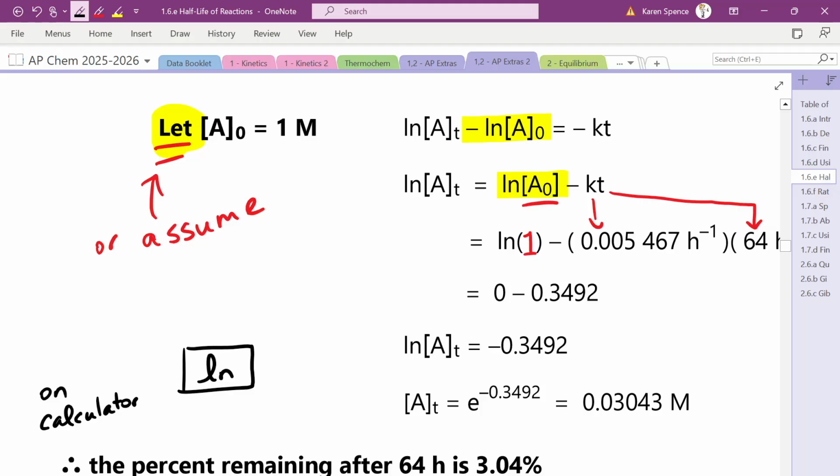And probably above your natural log button, it says e to the x. So it depends on your calculator whether you use second function or the shift button.